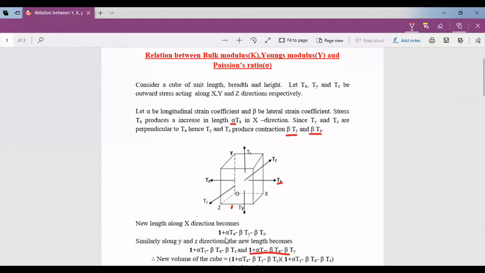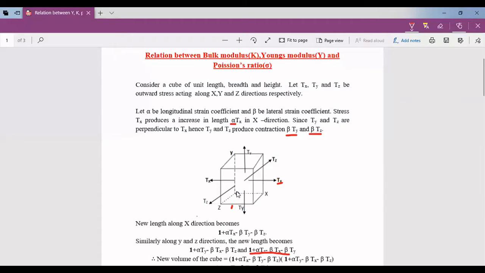So this is the new length along the x direction. Now the length of one side of the cube is increased. Similarly, you apply the stress along the y direction and also the z direction, so we get a new length along the y direction and also the z direction.